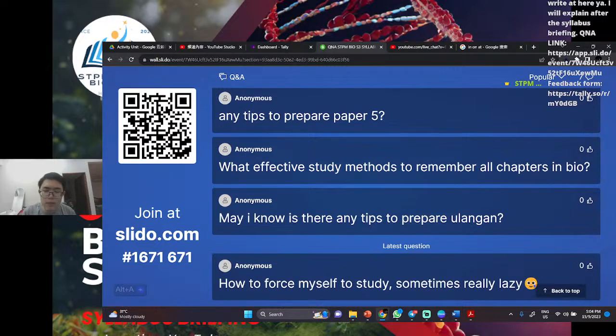I think the century is in March, so you have a completely free month. Before the ulangan, you can focus on it for one or two weeks, and after the ulangan you can focus on semester 3. Sem 3 first. You have to score well in sem 3 first, because sem 3 has no ulangan and no repeat.